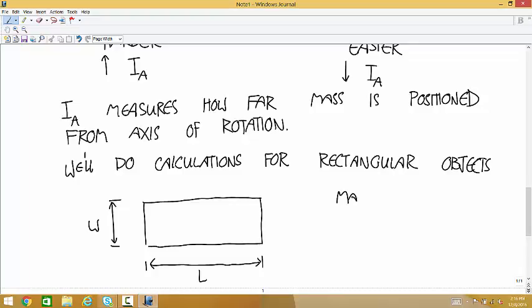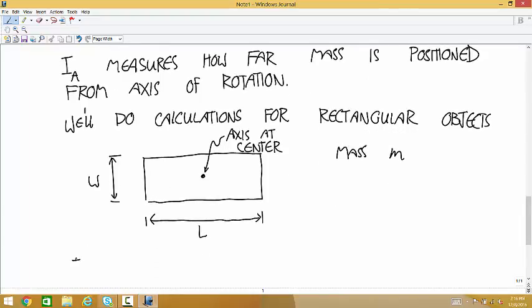And let's say the mass is m. If the axis is right at the center, then the mass moment of inertia rotating around the center is equal to 1/12 times the mass times the quantity length squared plus width squared.